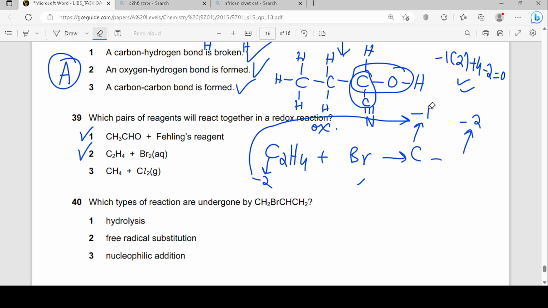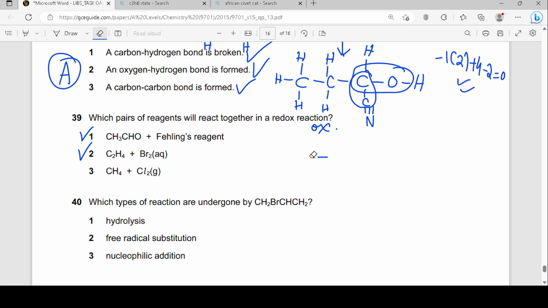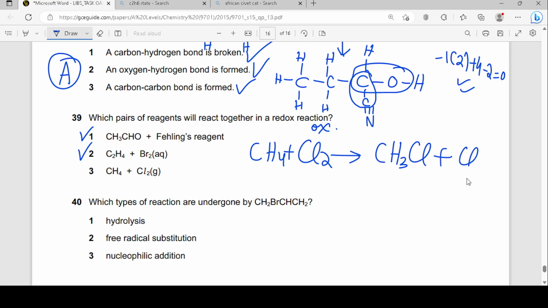Okay, and let us look at the last option, which is CH4 plus Cl2, which is probably a free radical substitution reaction. Why would it not be? Anyways, CH4 plus Cl2 would give me CH3Cl plus, in fact, let me make it HCl.